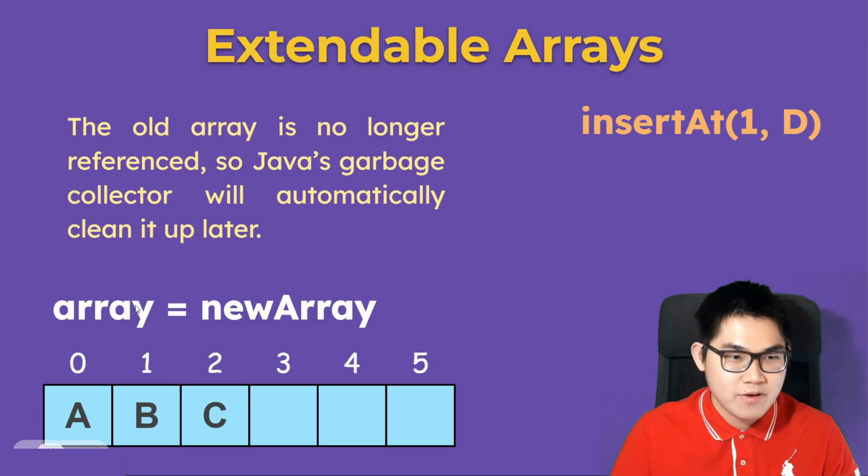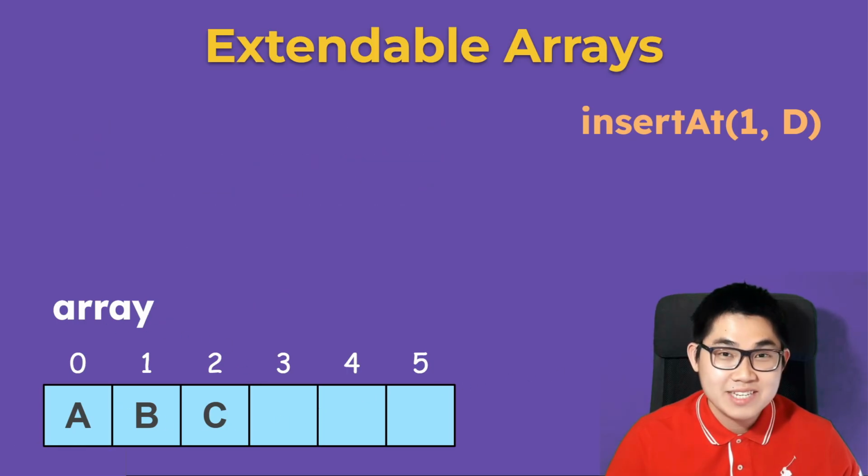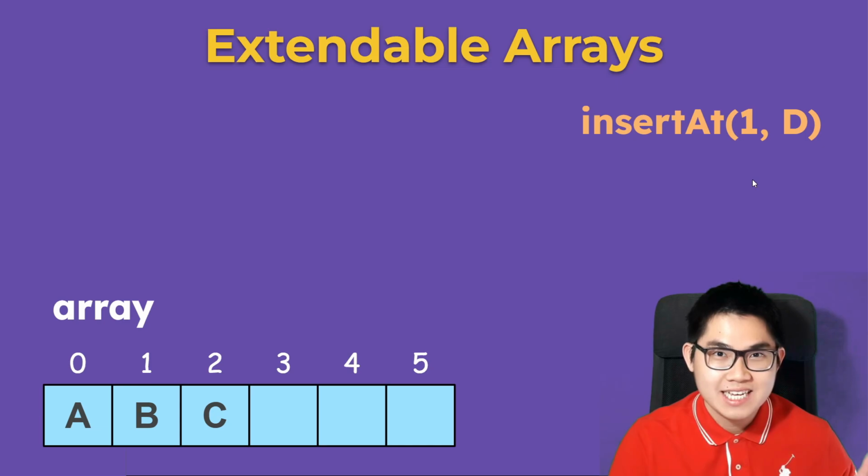So we point the array to this one, and this becomes our array. The last steps are pretty straightforward. We want to put D at index 1, so we shift the letters over. We shift C over to the right, we shift B over to the right, and now we have an empty slot, and we just put D at index 1, like this.